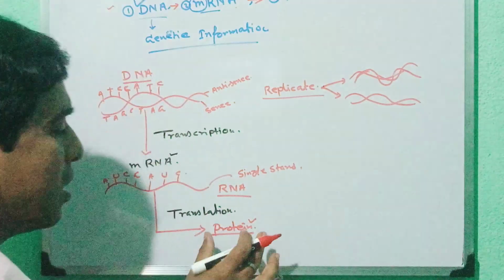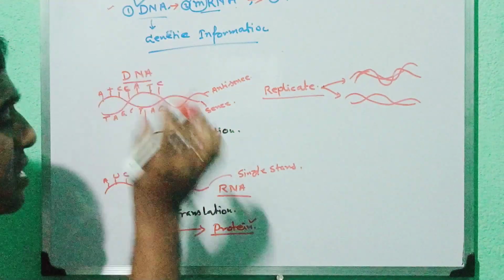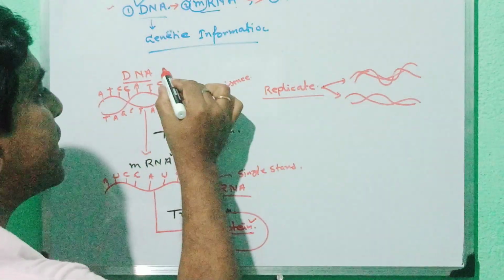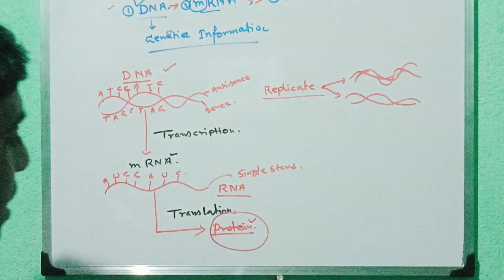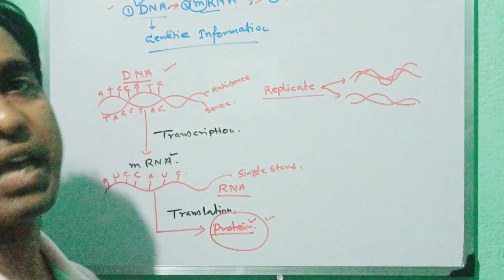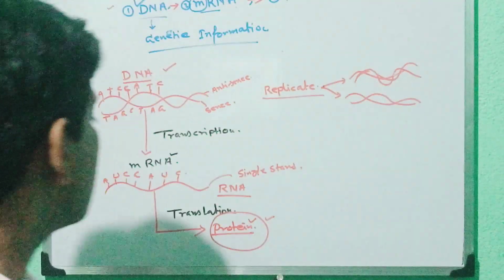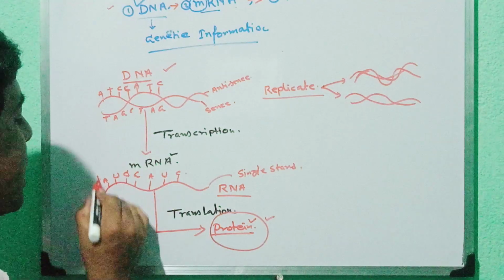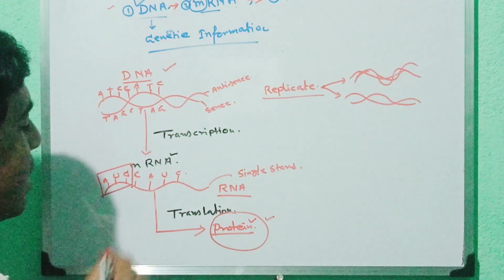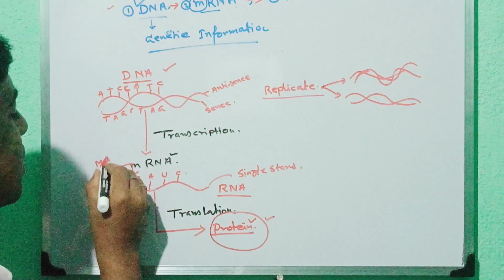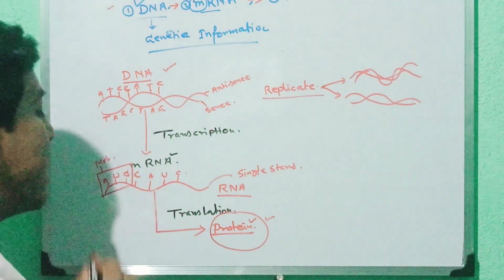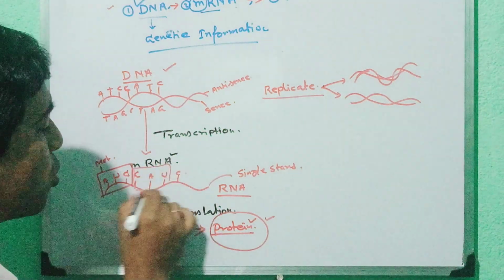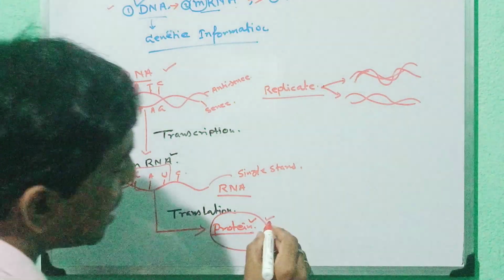DNA expresses its character through the protein. So there is the ATG, suppose this is G, it is C. ATG, three codons, together produce one amino acid. These different types of three codons produce different amino acids. These amino acids produce the protein.